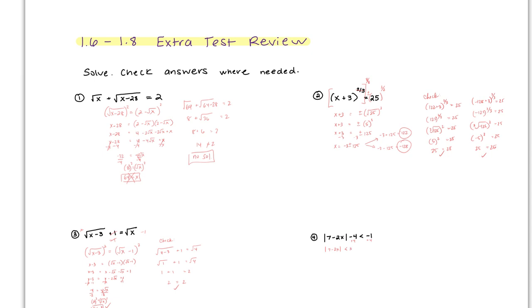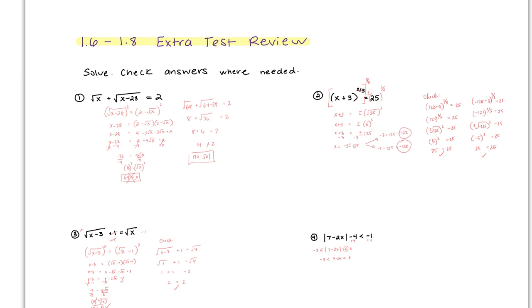Now that it's isolated, I ask myself, is it reasonable? Is it reasonable to think that the absolute value of something is less than 3? Yes. And so if it's reasonable, I'm going to begin my setup. What I do is I take this symbol that's here, and I copy it there, and then I do negative 3. So I'm going to write this as negative 3 is less than 7 minus 2x, which is less than positive 3.